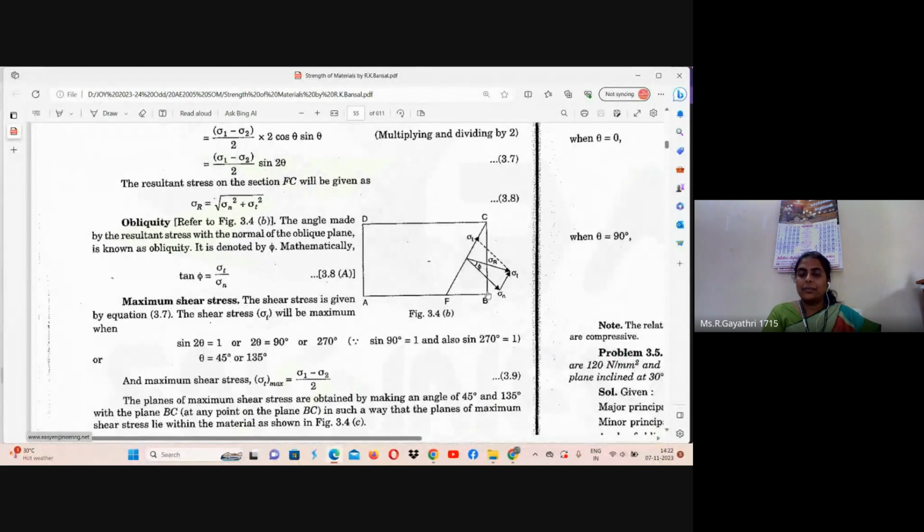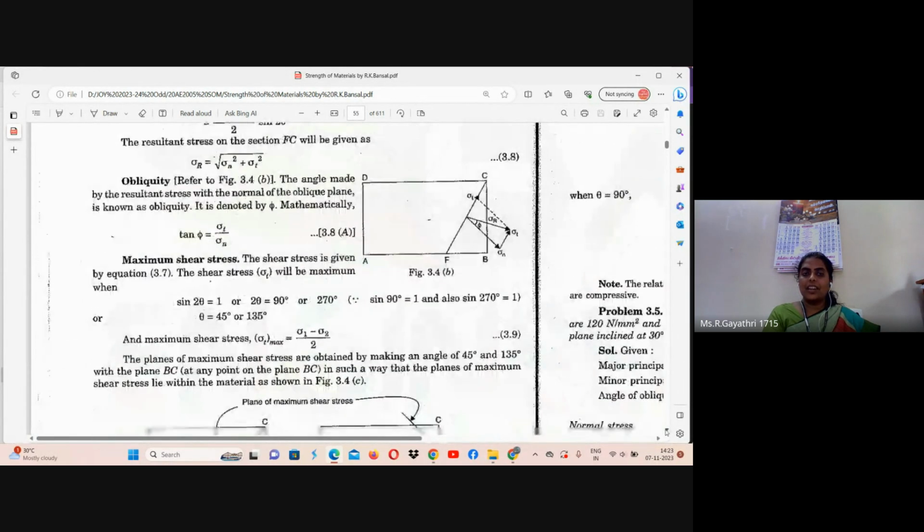This obliquity tan value is equal to opposite side sigma t by sigma n. This is obliquity, or angle between resultant stress and normal stress.